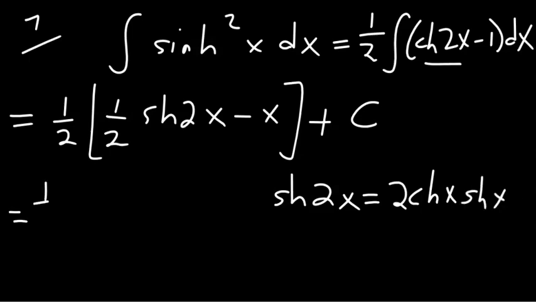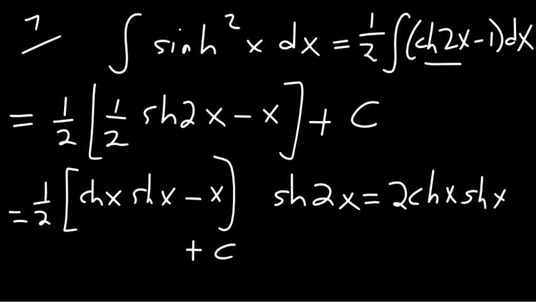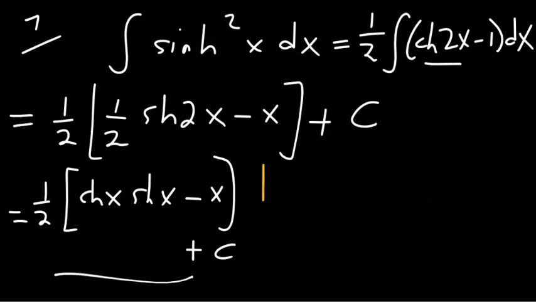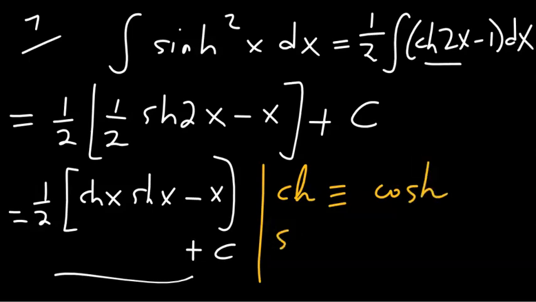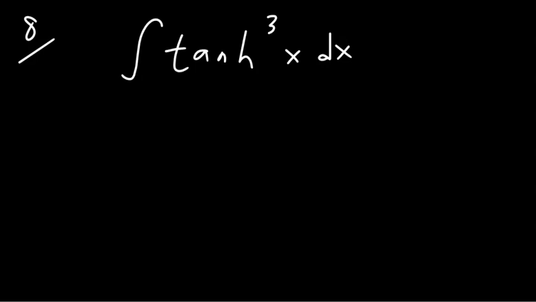So the above answer can be written as half times hyperbolic cosine of x times hyperbolic sine of x minus x plus the integration constant c. Now just to note, I have used the following abbreviation, CH to denote hyperbolic cosine and SH to denote the hyperbolic sine.